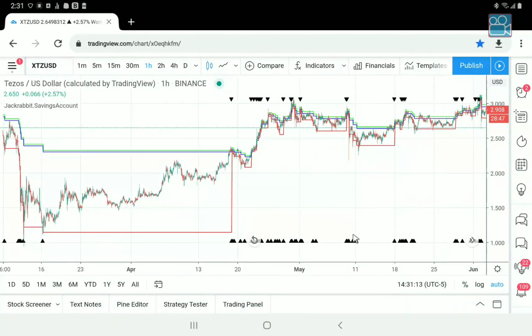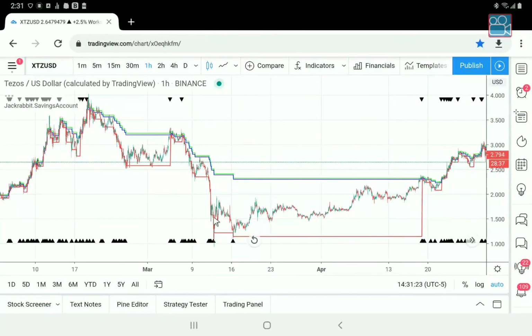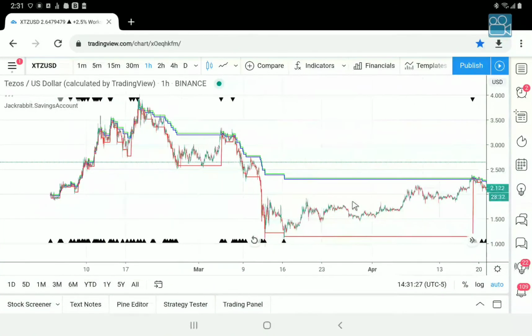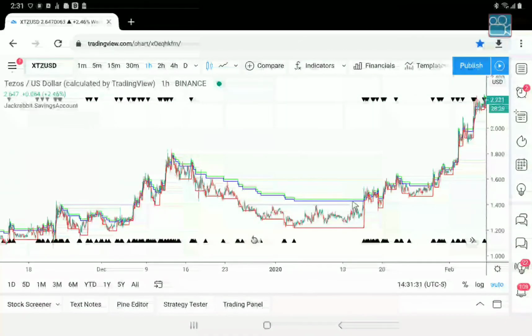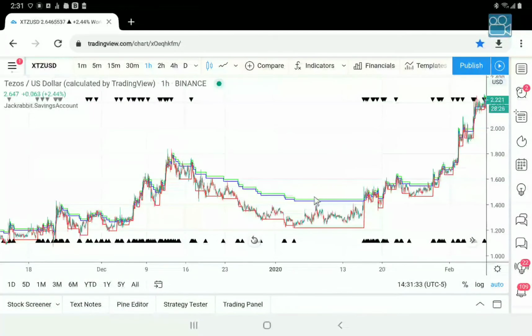Tezos, the new favorite kid on the block. Good relationship between buys and sells. Typical right here for the Black Thursday recovery. Oh, not bad here. Bit of a dry spot here, but still not bad.